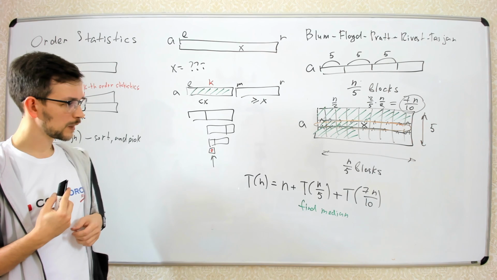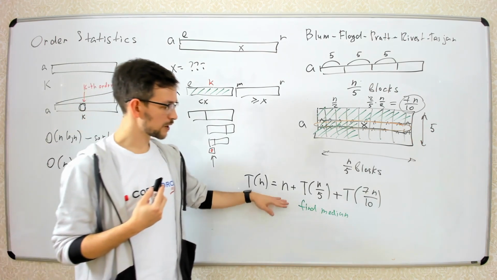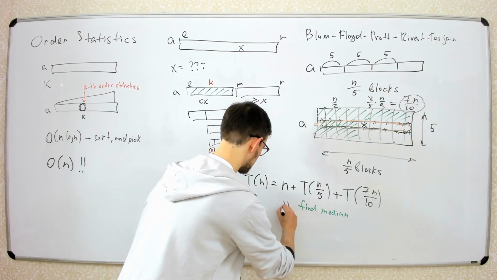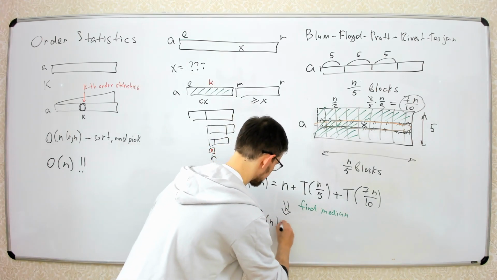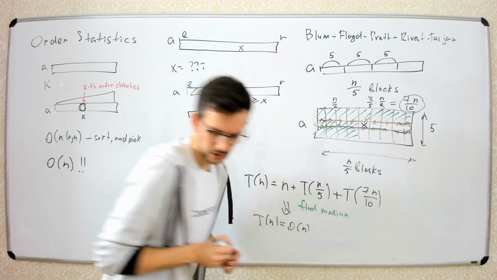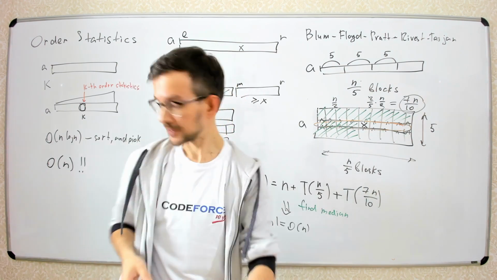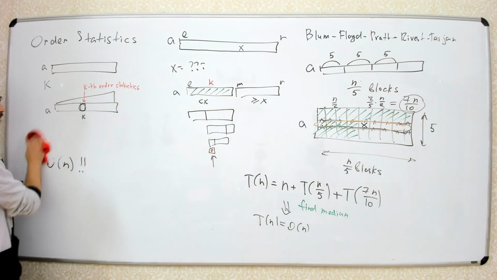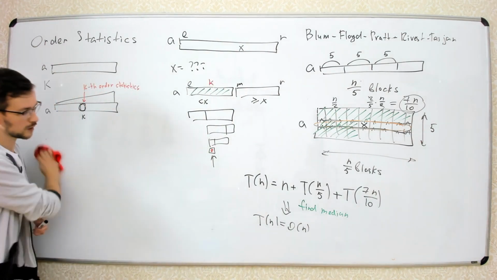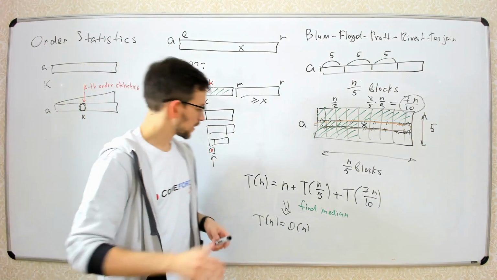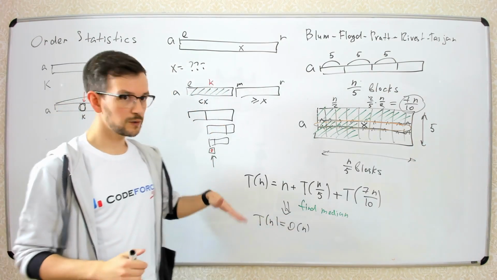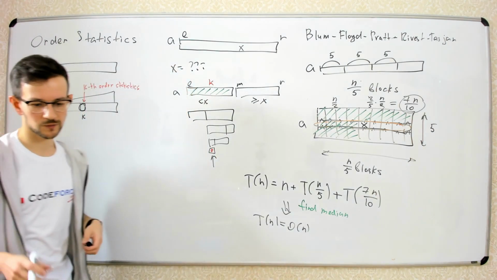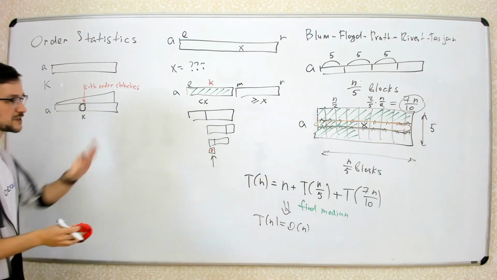That's all. And now I claim that if you have this recurrence formula, then the time complexity is linear. Let's prove this. Well, again, how to prove this? We use mathematical induction. I promised it was the last formulas, but okay, this is the last formulas.